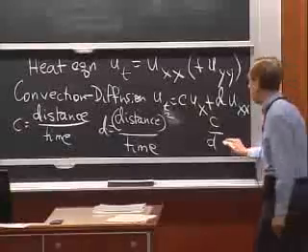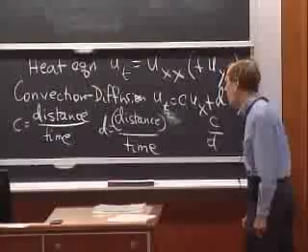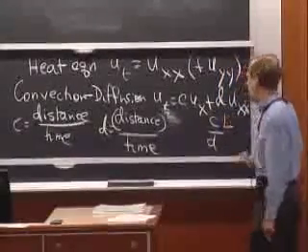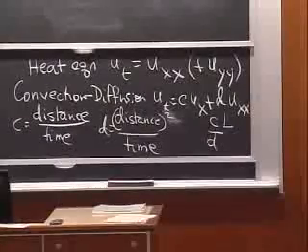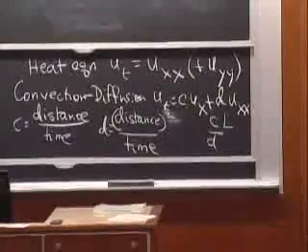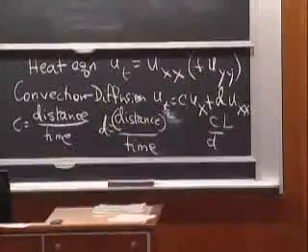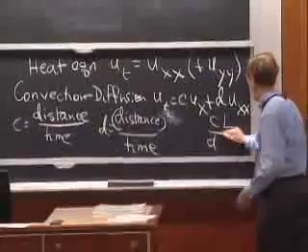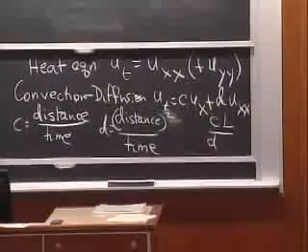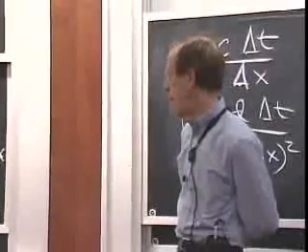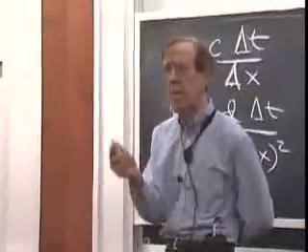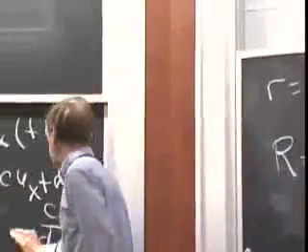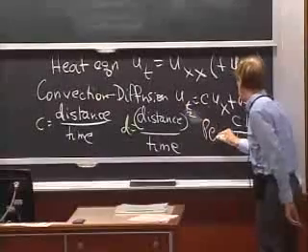So we need the ratio of C to D, and I need another L up there, another distance, to get something that is altogether dimensionless. And so that's the critical number. And it's known as the Peclet number, P-E, I'll call it.